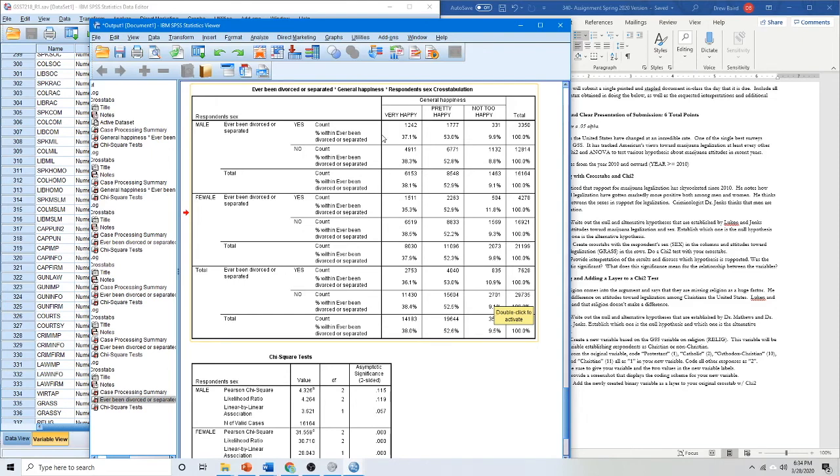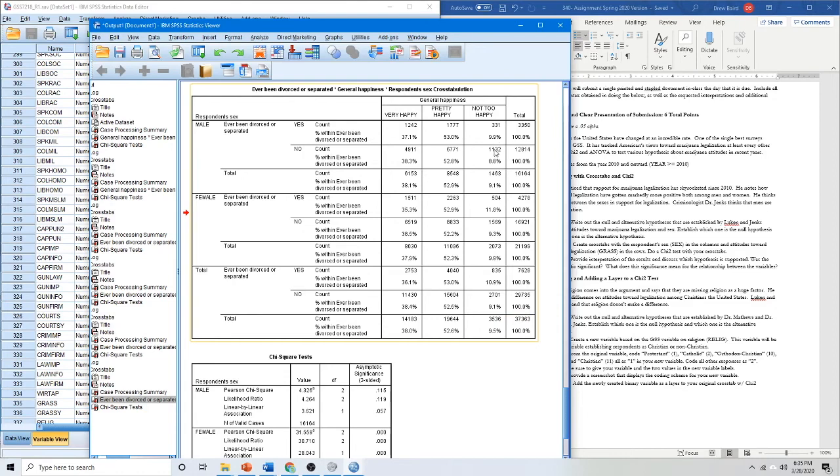So you can see that for males, immediately off the bat, it looks like the relationship between divorce and happiness seems to be different for males and females.